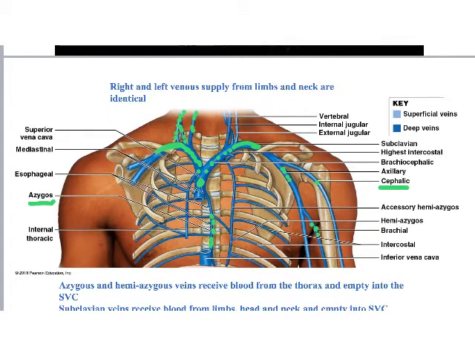And you've got the hemiazygous over here, which, part of it drains into the azygous and then into the vena cava. That's how you get the blood return from the trunk back into the superior vena cava. It's through that azygous and hemiazygous vein largely.